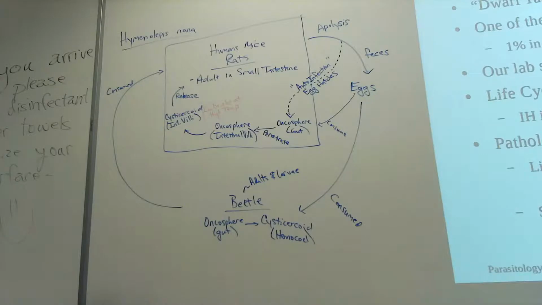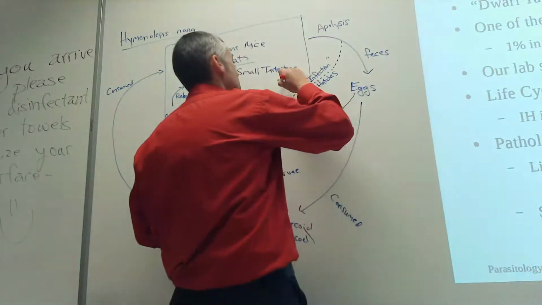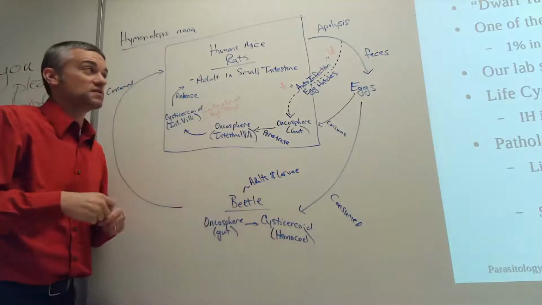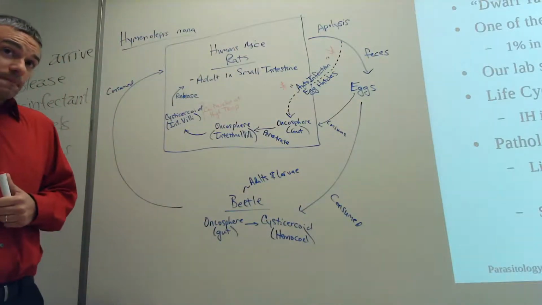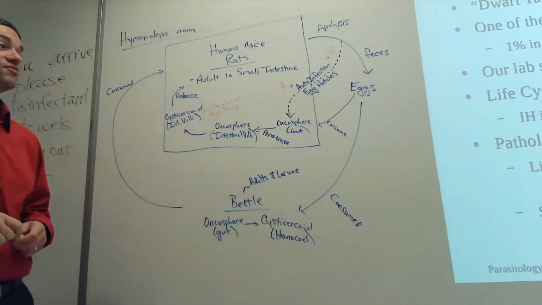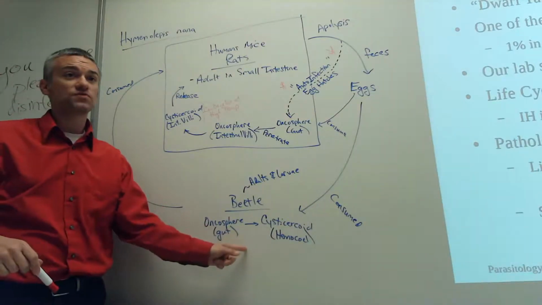In terms of adaptations to increase transmission, this is one. Or we can think about it at this point, because now we don't have to rely on this second host.